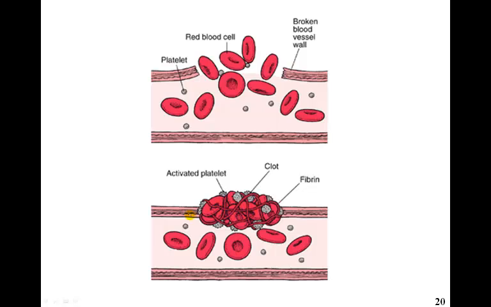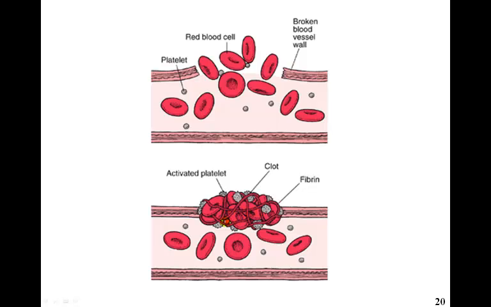with a bunch of activated platelets inside of it, right? The platelets got activated by the vessel break, and so you've got all these activated platelets trapped inside, as well as red blood cells.